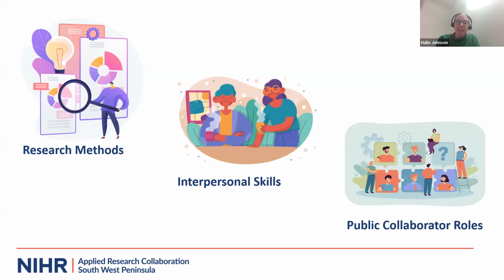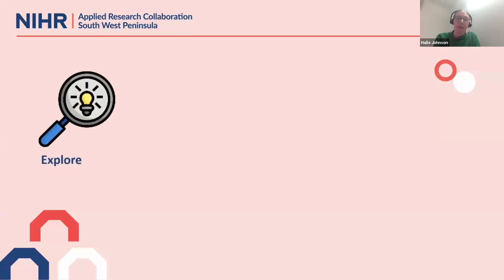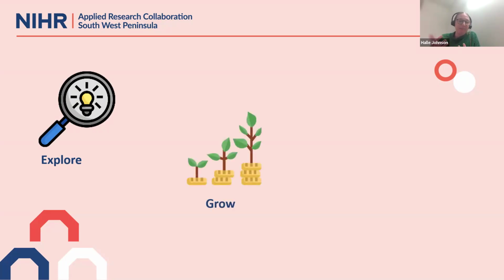Within those 3 sections, there are 3 levels of learning, in response to that feedback that it's hard to know what's entry level training and what's more advanced skills once you've been doing a role for a little bit longer. The explore section is introductory material for those who are really new to public involvement. Then you've got grow, which is opportunities to deepen those skills and support more active involvement.